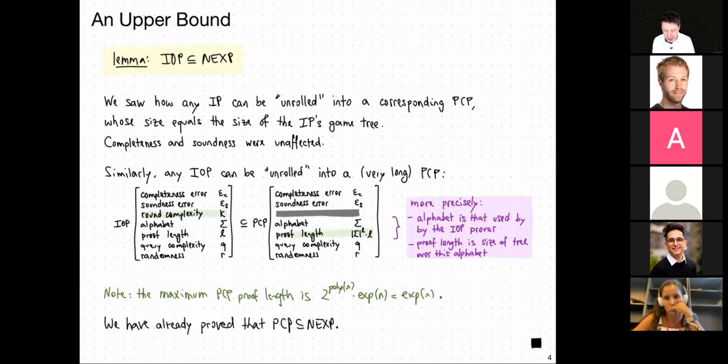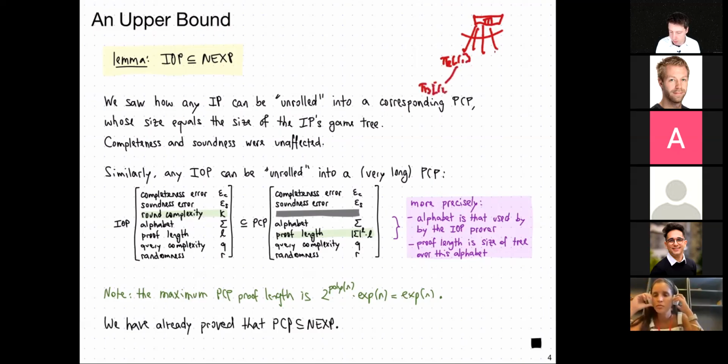But there's a good question here. Why is it sigma to the L? Well, I guess with proof length here, I was imprecisely thinking also of the length of the verifier messages. So if every verifier message is of length at most L over alphabet sigma, that means the fan out of possible next messages is sigma to the L. So we have an original message from the prover, pi 1, then there is pi 2 for R1, then there is possible pi 3 for R1, R2.